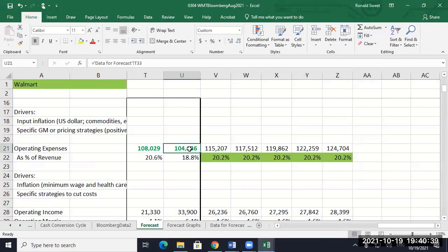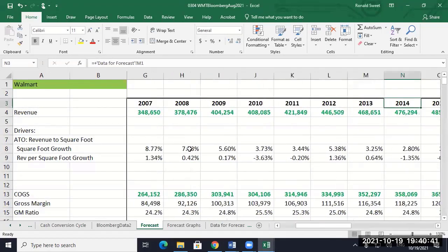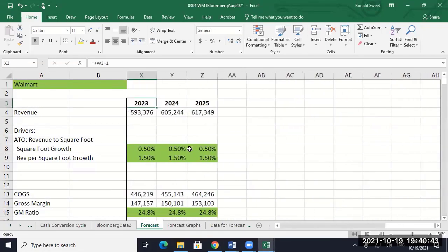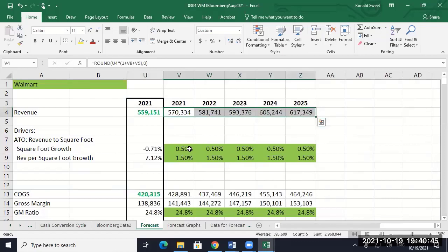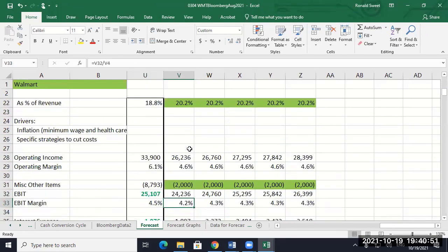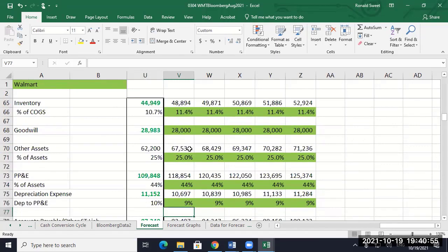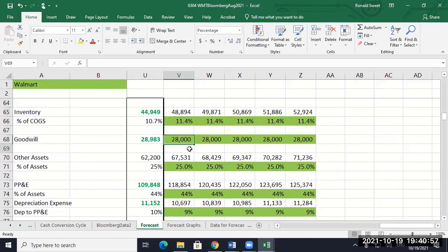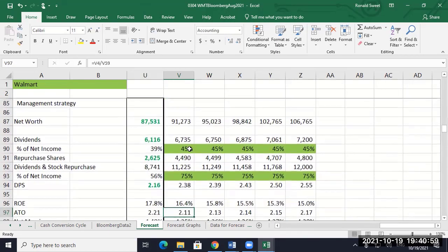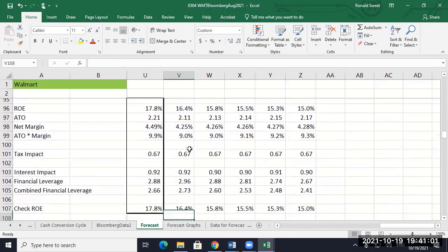And it doesn't take that many inputs to be able to do it. So once you build your revenue forecast, you plug that in here. And then all you need to finish it is anything in green. So 1, 2, 3, 4, 5, 6, 7, 8, 9, 10, 11, 12, 13, 14, 15, 16, 17, maybe 20, not even 20 things.